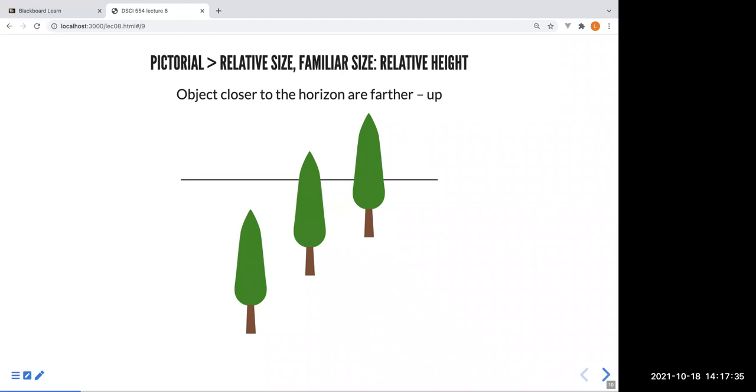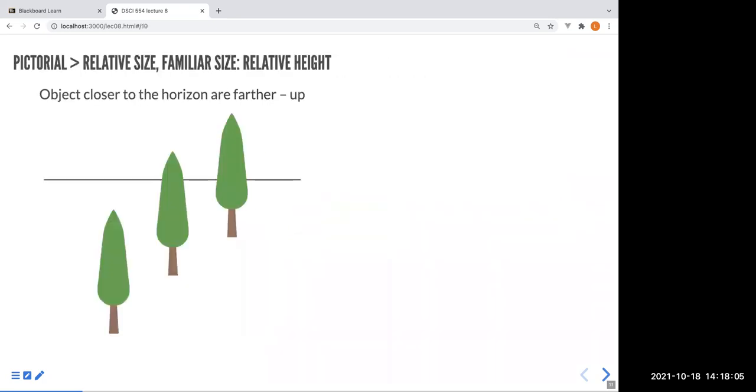And so here what we get is an illusion of distance with exactly the same three objects in one line, just because the brain is used to understanding that the farther away the objects are, the closer to the line on the horizon they are, and the less their displacement is when you move them farther away.